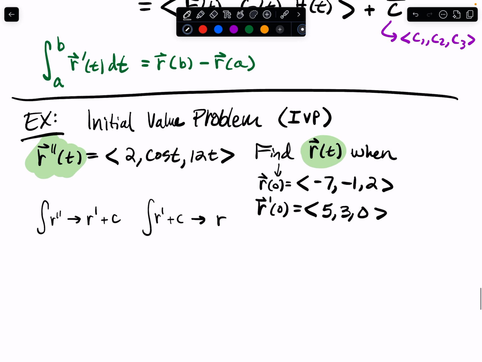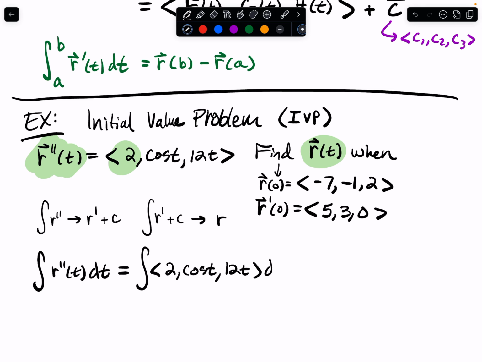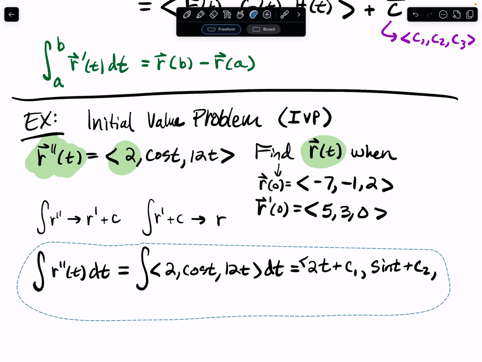So let's work through this. So first, let's integrate r double prime. So integrate r double prime of t dt. We get, what is the integral here? The integral of 2, cosine t, 12t with respect to t is equal to 2t plus c1, comma, integral of cosine is sine plus c2, comma, man, I always run out of room here.